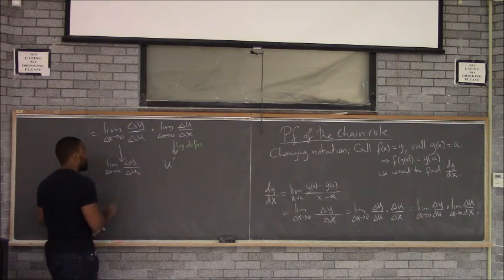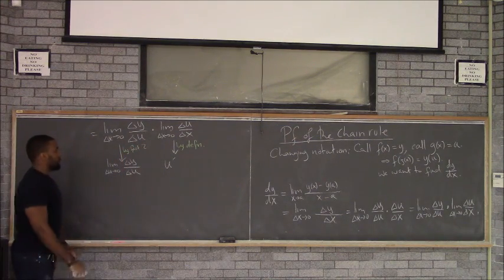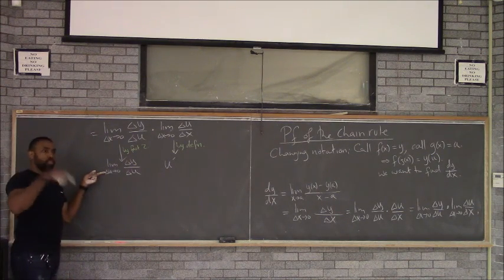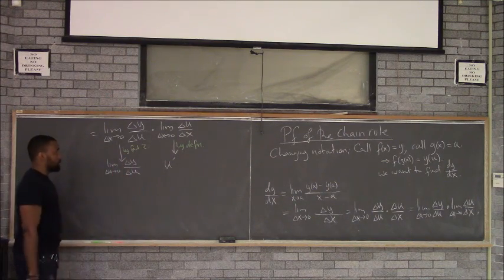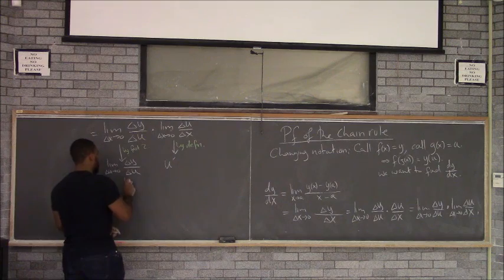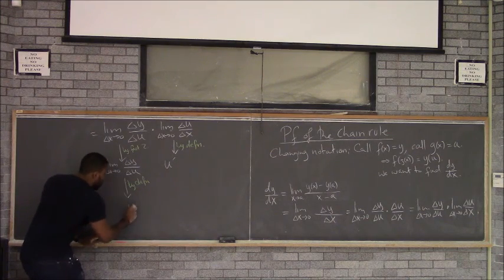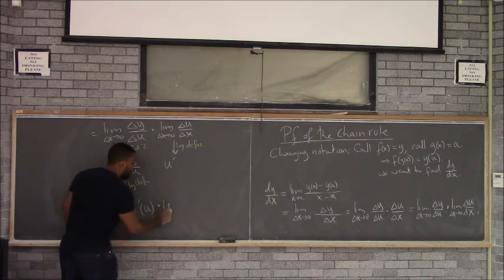And this is, by fact 2, I know that as the change in x goes to 0, the change in u goes to 0. I proved that in fact 2. And now, because the denominator of these changes is going to 0, that also gives us the derivative by definition. So this actually becomes y prime evaluated at u times u prime.